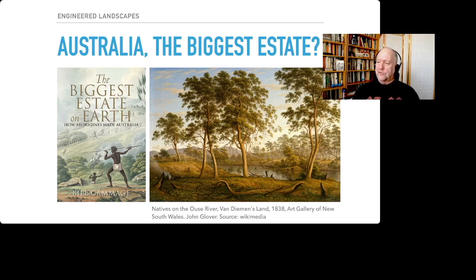So they have constructed their environment. Whether or not it's caused biological changes through selection, I cannot say, but they've started the process of niche construction at the very least. Is that what we would want to say about engineered landscapes, about what Westerners do?